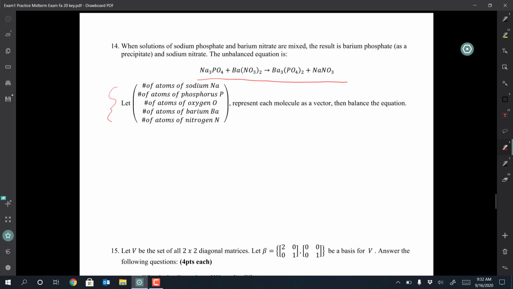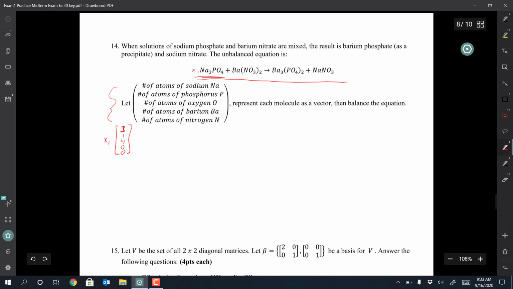Looking at that, if we write out the associated vector equation, we would say some number of this first molecule, so x1 times the molecule that is 3, because there's 3 atoms of sodium phosphate. And then we have 1 atom of phosphorus, and we have 4 oxygen, we have no barium, and no nitrogen.